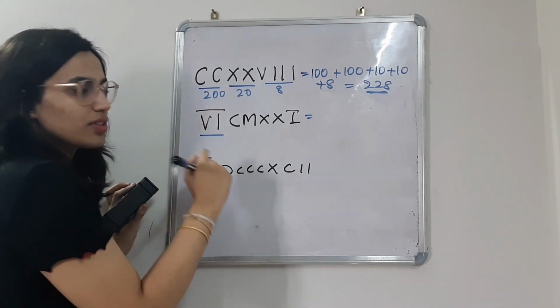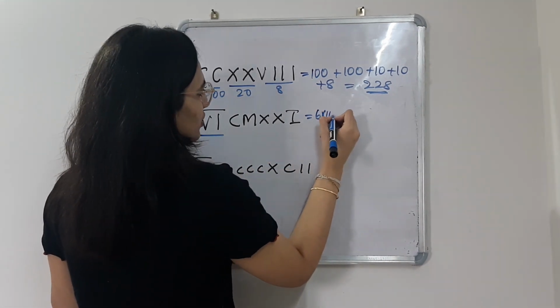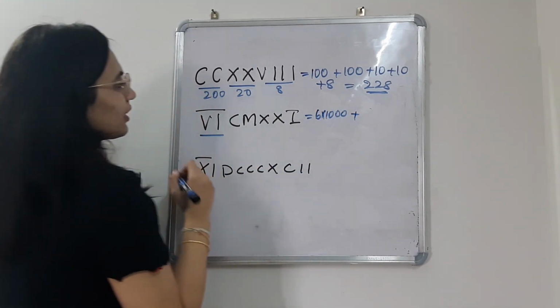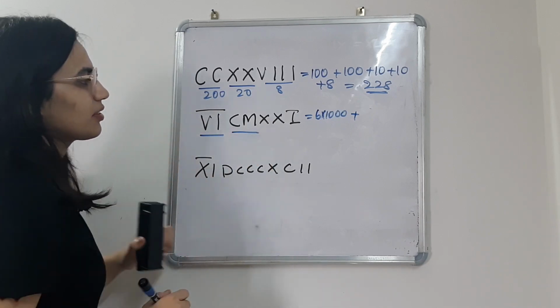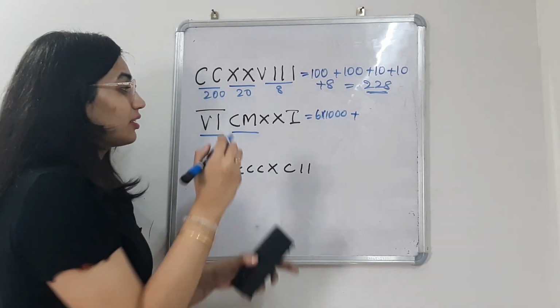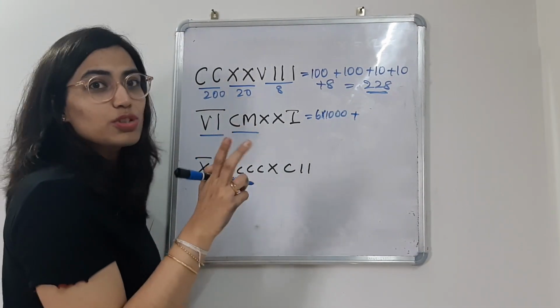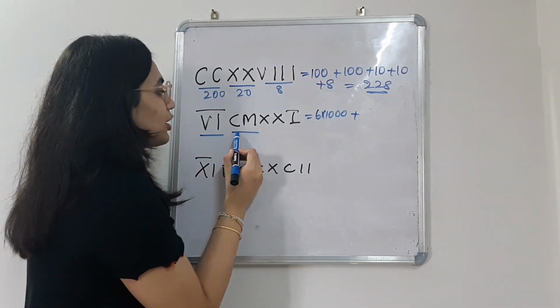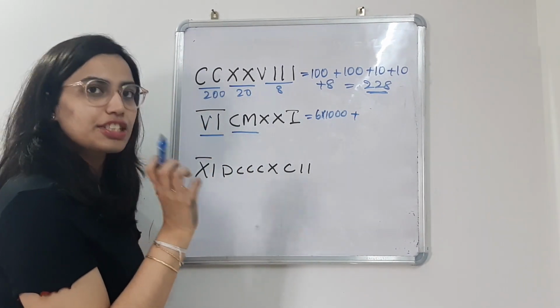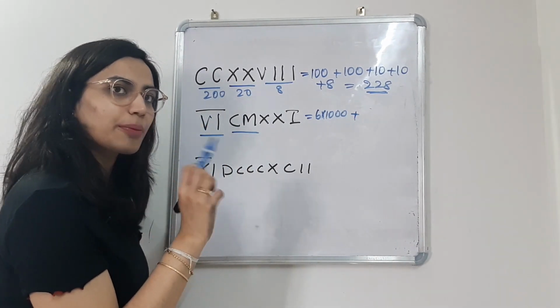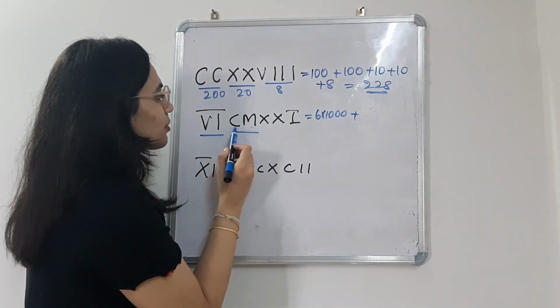Now this. I told you a bar on a Roman numeral is into 1000. So 6 into 1000, that is 6000, plus. Now if you see here, this part is 1000. And there are two rules you can follow here. One is, you know that a smaller value placed just before the larger value, we'll subtract the smaller value from the larger value. That is 1000 minus 100.